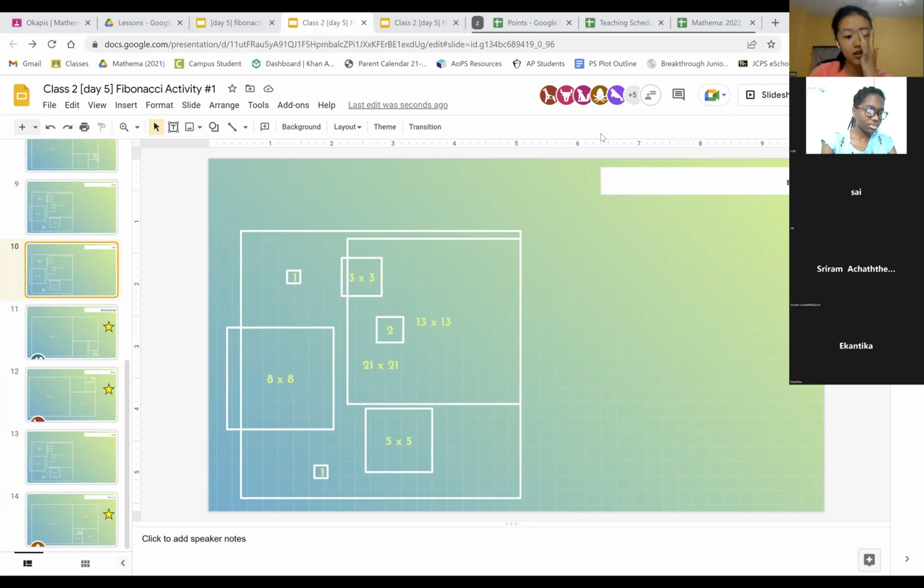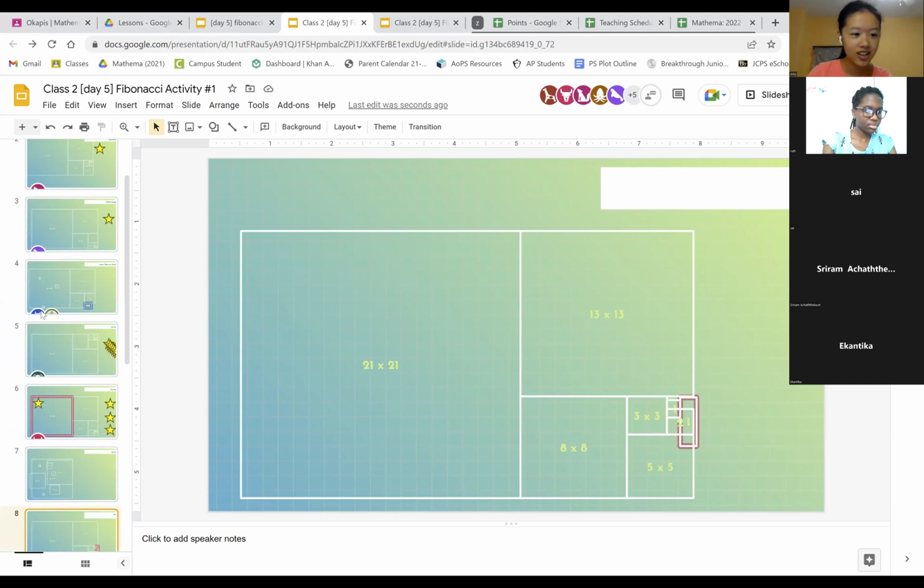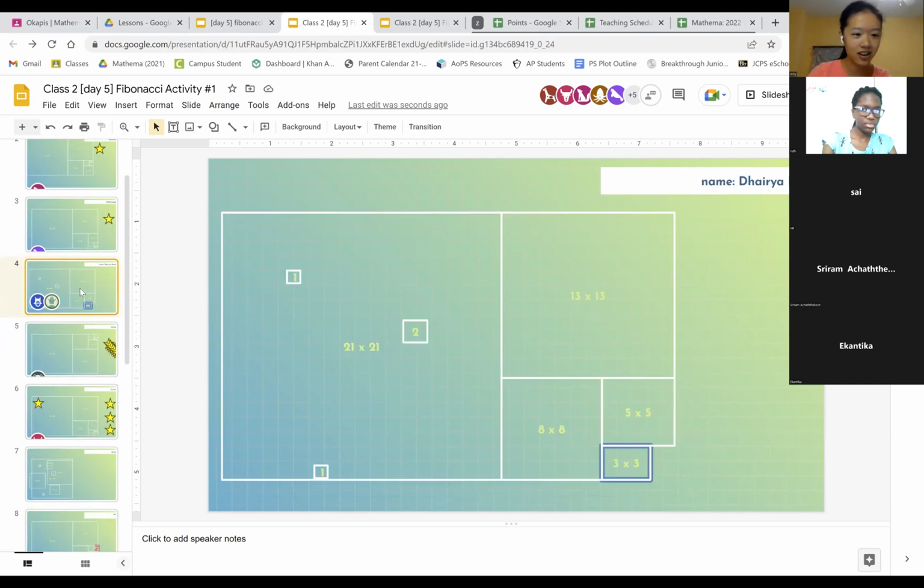If it's not going to let you edit it, I guess that's okay. You can just look at other people's slides and look at how they've made their rectangles, because there are many ways to make a rectangle. It is kind of difficult to make it on a phone.